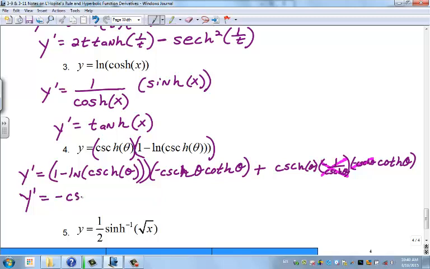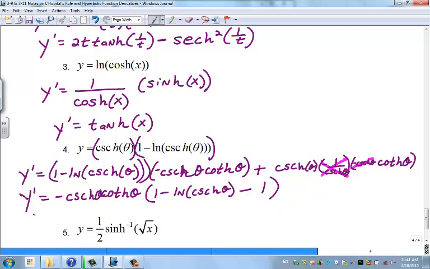Negative cosecant of theta, cotangent of theta. If I factor it out of this first thing, what I'm left with inside is 1 minus natural log of cosecant of theta. And then if I factor that negative cosecant cotangent out of the second thing, I get minus 1. See how that works? So that's handy, because the 1's will eliminate each other. I have a 1 and a minus 1.